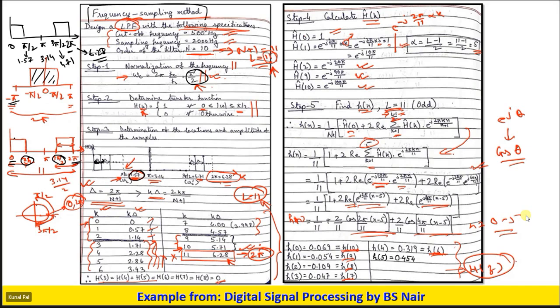So at 0 we will be taking one sample, at another point we will be taking another sample, and in this way we will be going on. Here also there will be some sampling, right? So there is a delta value because sampling is done at equivalent intervals. That particular value is delta. It is given by 2 pi by n plus 1, the length of the filter. So this is 2 pi by 11.